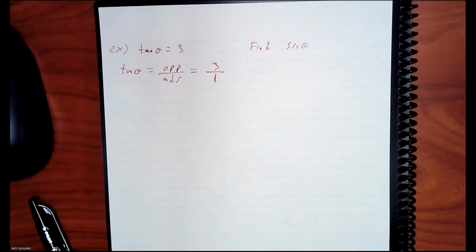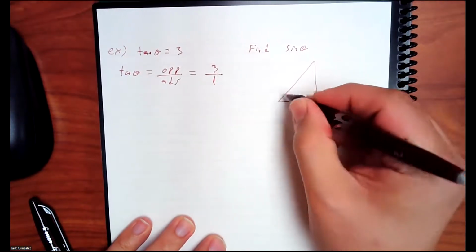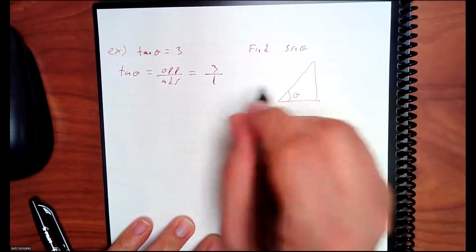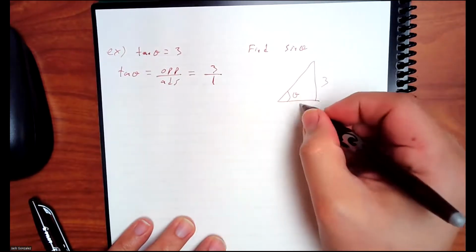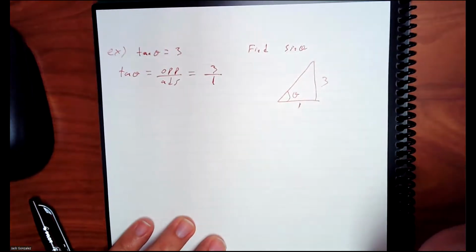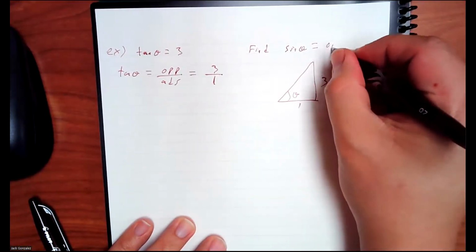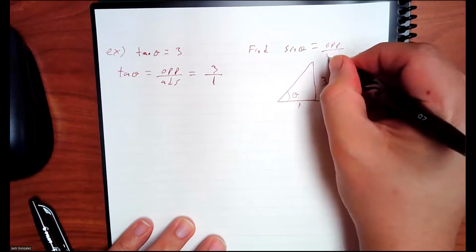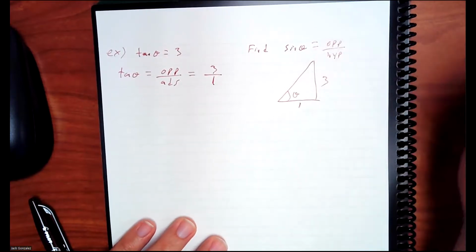The 1's always there, right? I'm choosing to put theta here. So the opposite is determined to be here, adjacent is determined to be there. Sine is technically opposite over hypotenuse. So I need to find the hypotenuse first or I can't answer.